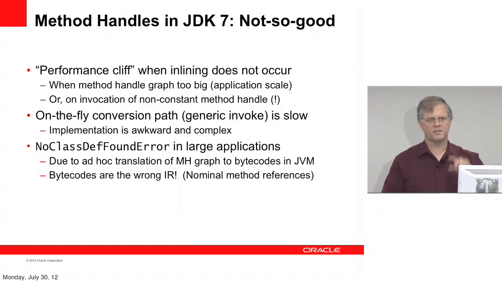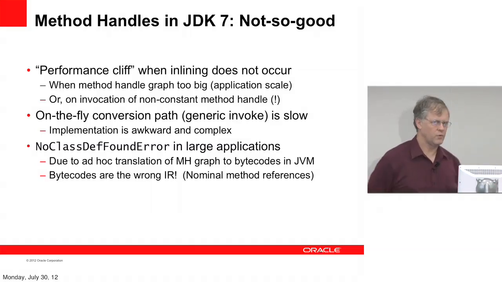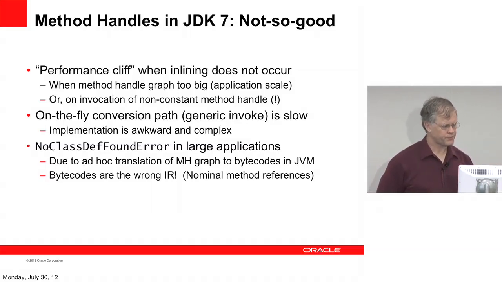So that causes at the inlining boundary non-constant method handle invocations to occur, which are slow for reasons I'll get into later. Also, the generic invoke, as opposed to invokeExact, is slow because, well, I'll just confess it. It performs an asType on almost every call, which means that it recomputes itself. There's some caching in there, but it's pretty weak.